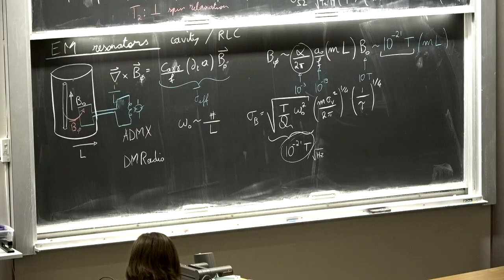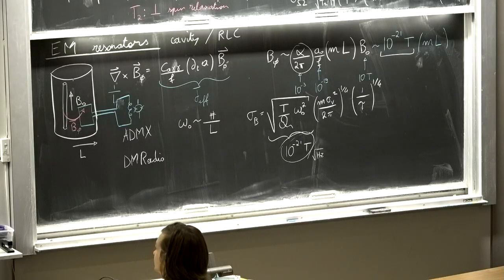Again, as we saw last time, EDMs will give you some Hamiltonian. That's the spin dotted into the E field.